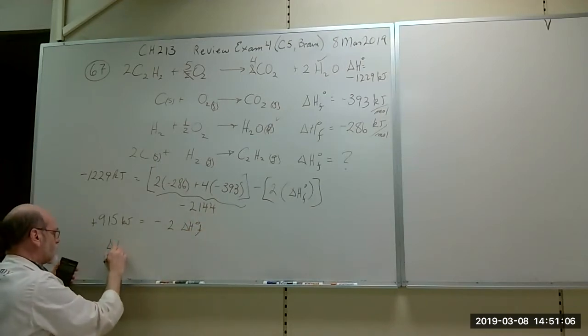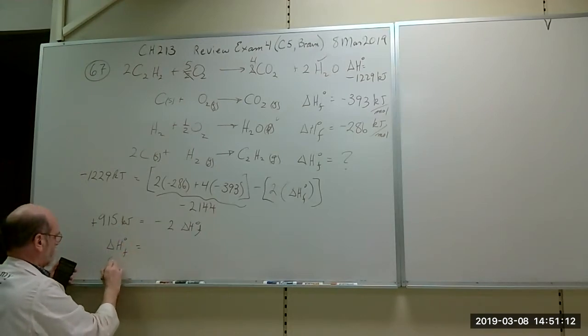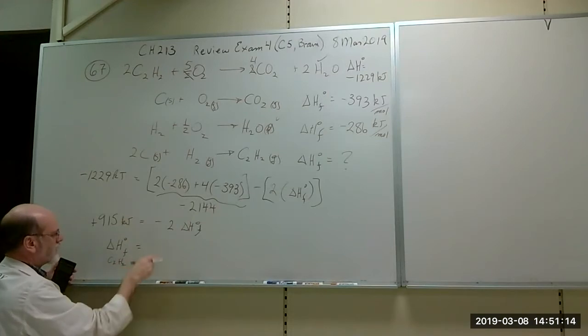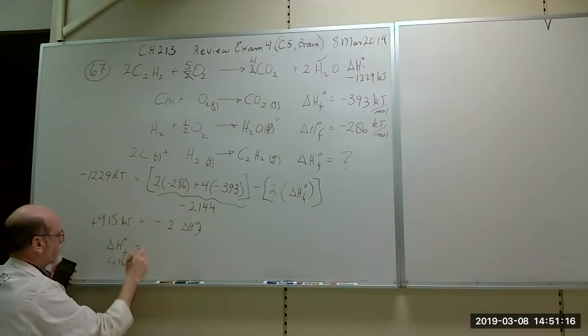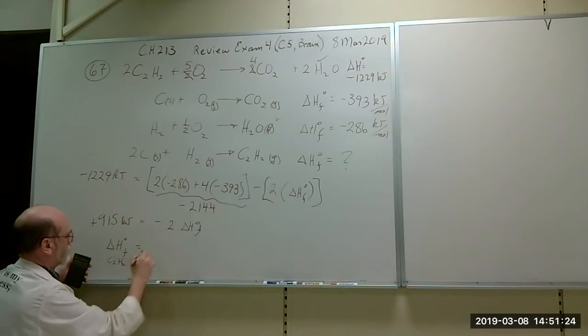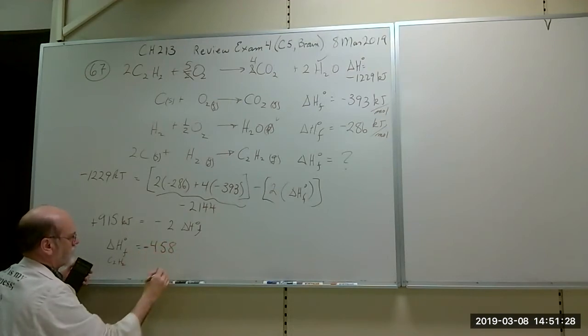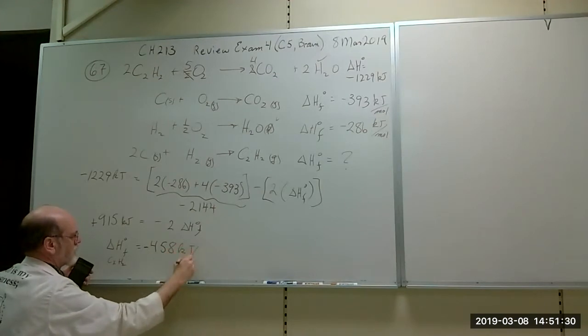So delta H of formation for acetylene, C2H2, is equal to this one divided by minus 2. Or 458, minus 458 kilojoules.